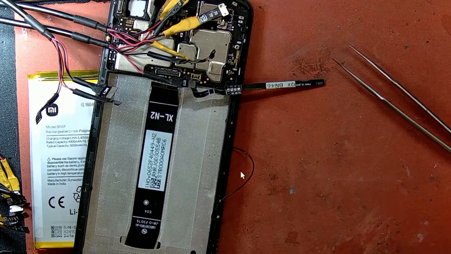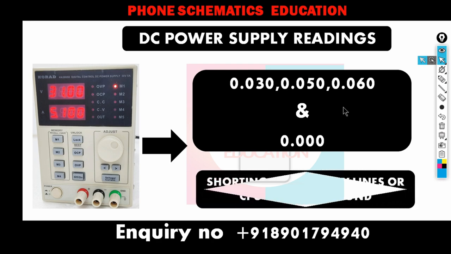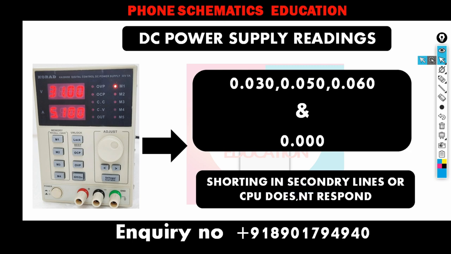Now let's move on to the video again. Now next, when you connect the mobile phone and it shows 30 milliamp, 50, 60, right? When you release the power on off switch, it goes back to 0, right? Then there must be a short in a secondary line, or your CPU does not respond.